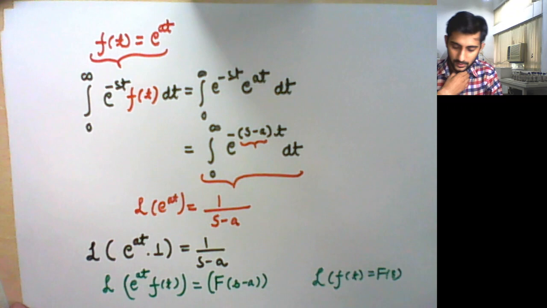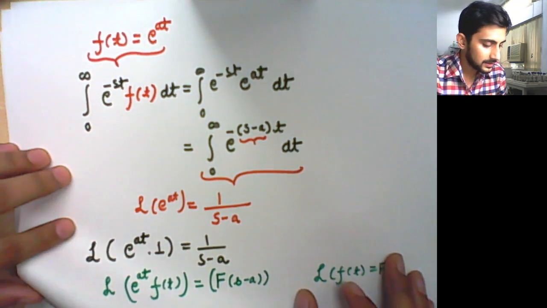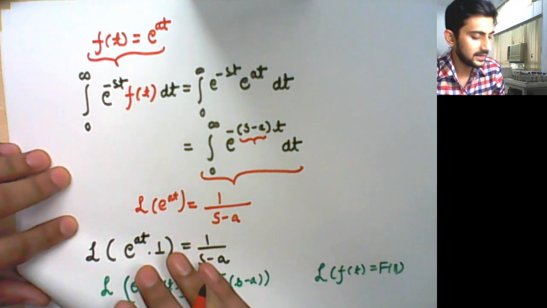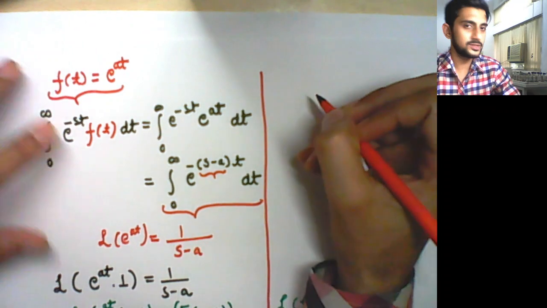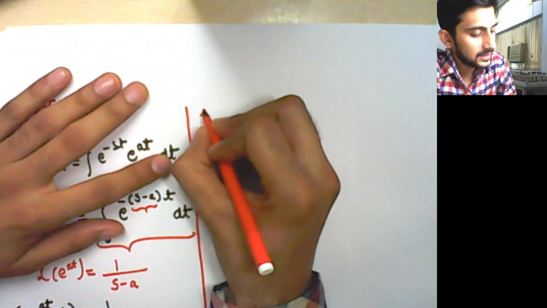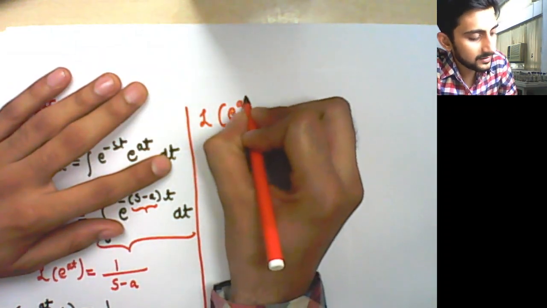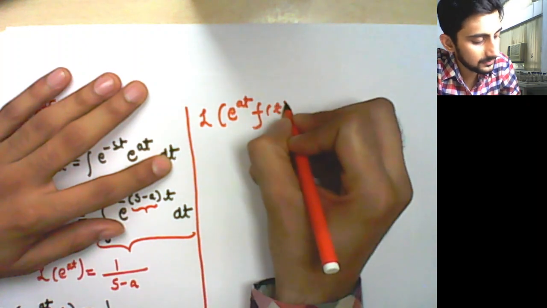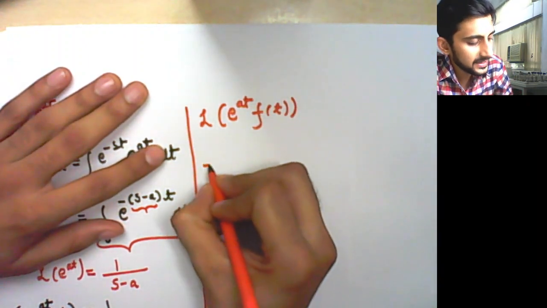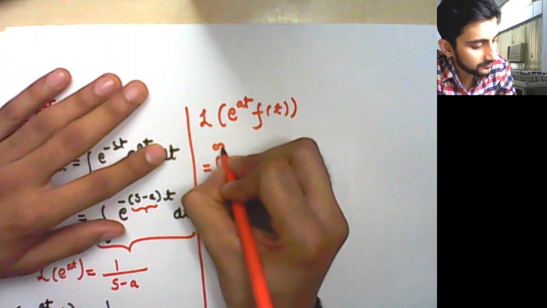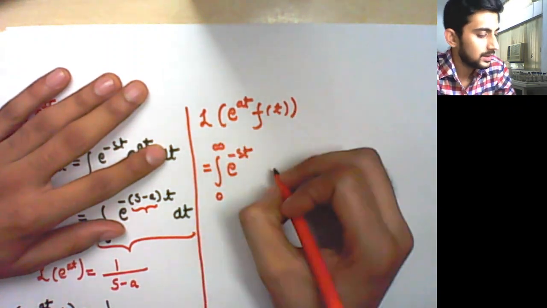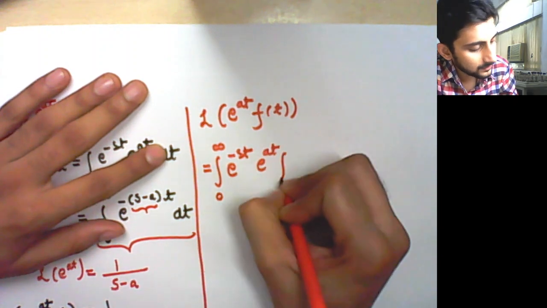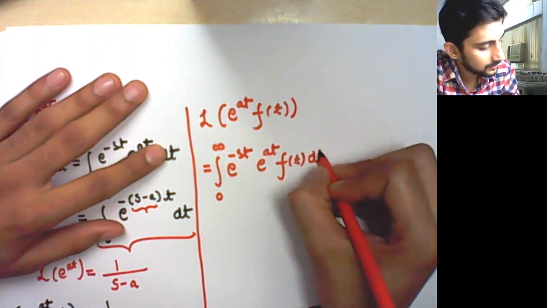Why I'm saying this, or how I can say that, is because of this particular thing. It is nothing but e to the power at and f(t), and I have to take the Laplace transform of it. So we have the Laplace transform of e to the power at and a function f(t). By definition I have to take from 0 to infinity e to the power minus st, and this whole is a function now, e to the power at f(t) dt.